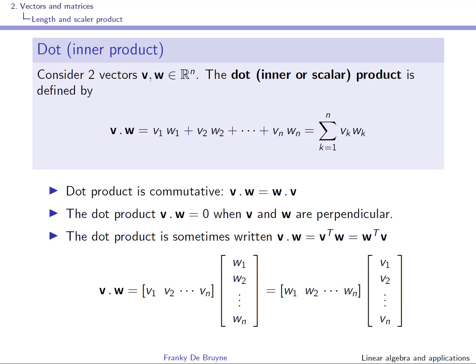So to make the vector or matrix multiplication compatible, you can write it either as v transpose w or w transpose v. If you multiply v transpose by w, indeed you end up with this result here, and this is equivalent to the scalar product as denoted here.